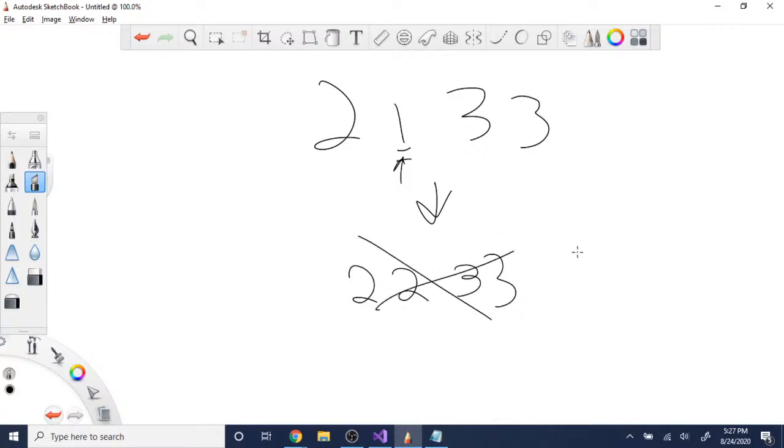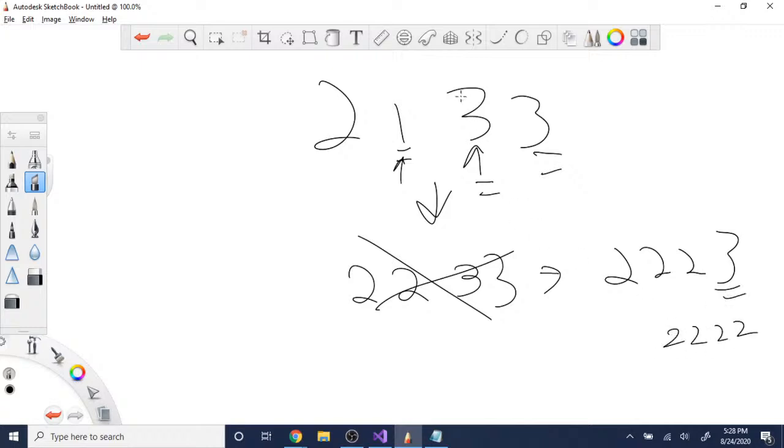That's not a palindrome. So if I try decreasing this by 1, then you get 2, 2, 2, 3. That's still not a palindrome. Decrease this by 1, 2, 2, 2, 2. So if it's not a palindrome, repeat this digit.